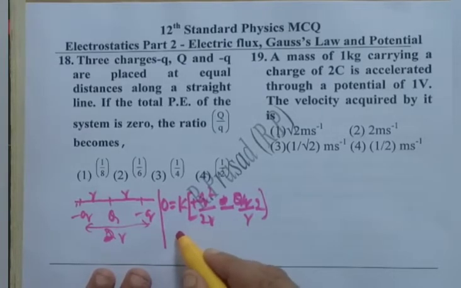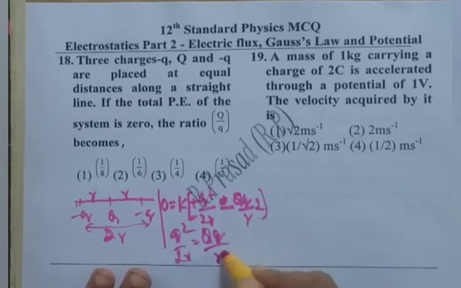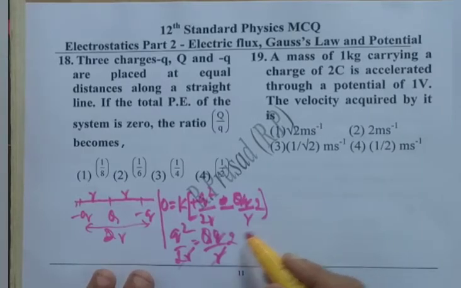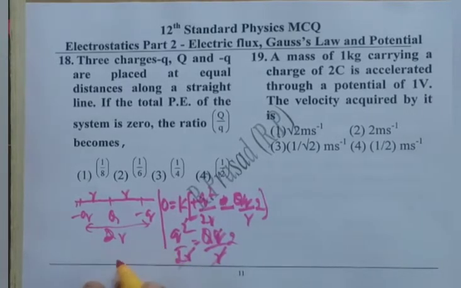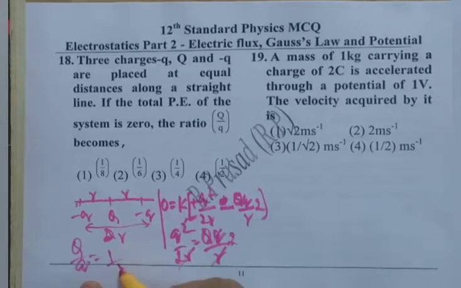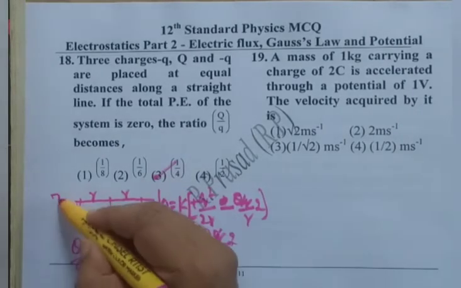If they are equal, we can write Q square by 2R equals QQ by R into 2. If you cancel R there and one Q there, you get Q by Q as 1 by 4, because this 2 comes over here. Therefore, option 3 is right.